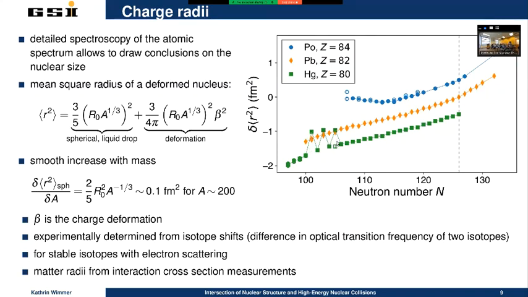And later this charge radius was also measured for long-lived isomeric states, so an excited state which has a lifetime long enough that you can do optical spectroscopy on it. And it turns out that the excited state is spherical while the ground state is deformed. And this phenomenon of shape coexistence is really coming up in many cases of the nuclear chart. So there can be shape inversions and also a nucleus which has two states close in energy which have very different deformation.